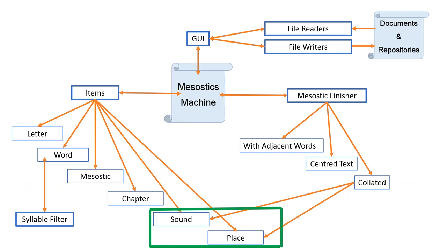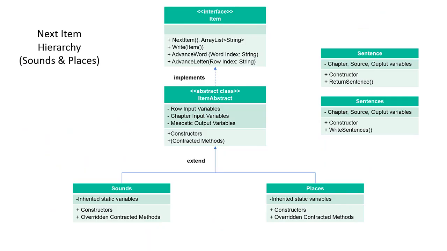and whether that's been used or not, as I explained in the previous video. We've also got in this hierarchy objects that find all of the words that are sounds in a chapter, and all of the words that are places in the chapter.